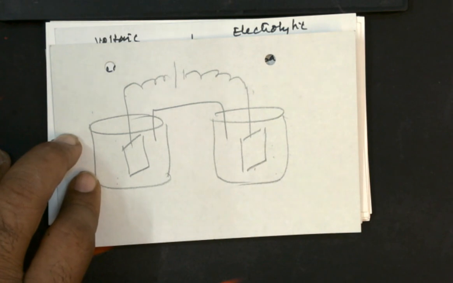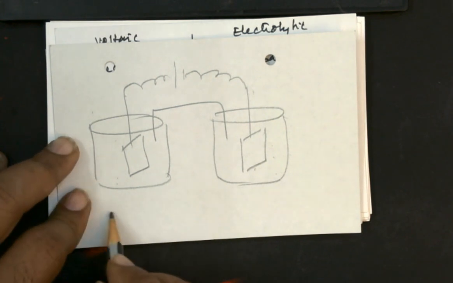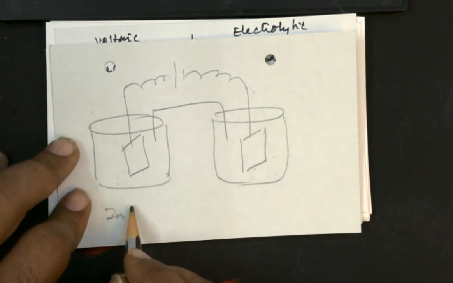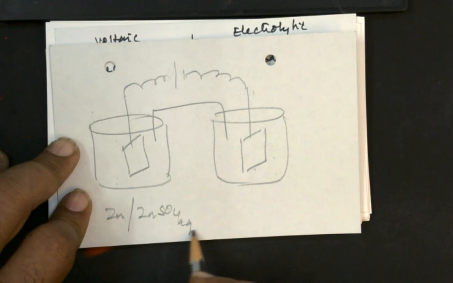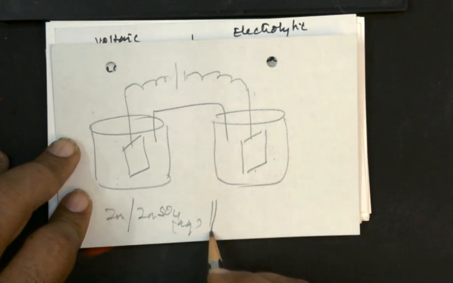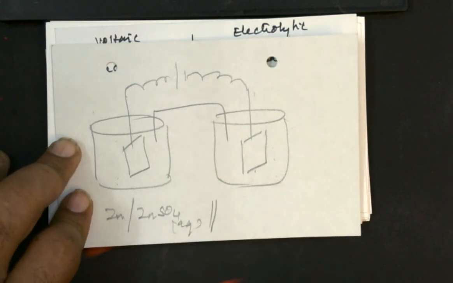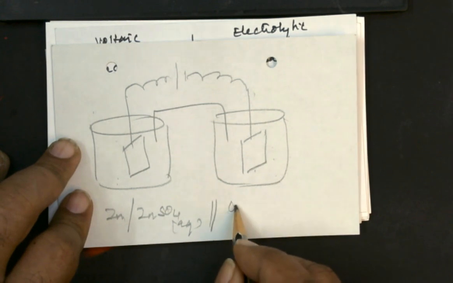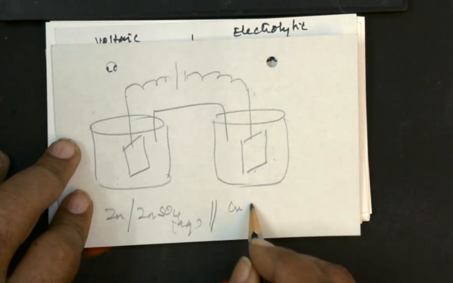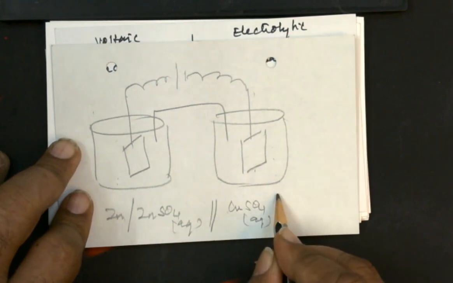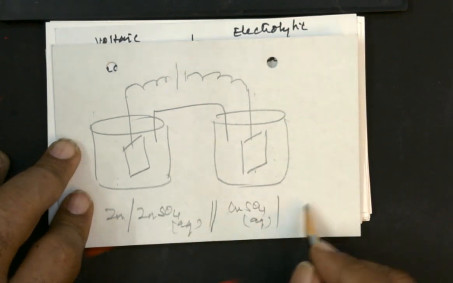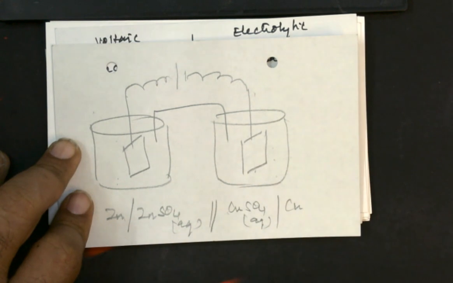For example, let me consider zinc dipped in zinc sulfate aqueous solution, and this represents the salt bridge. And here you can introduce copper sulfate aqueous solution of certain concentration, and here a copper electrode.